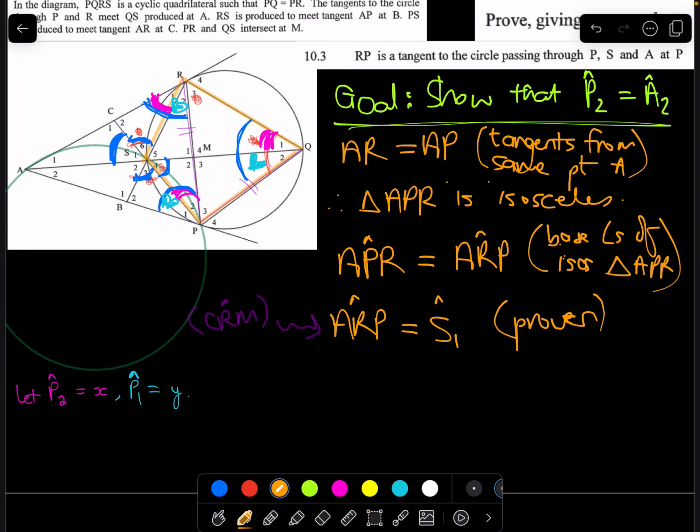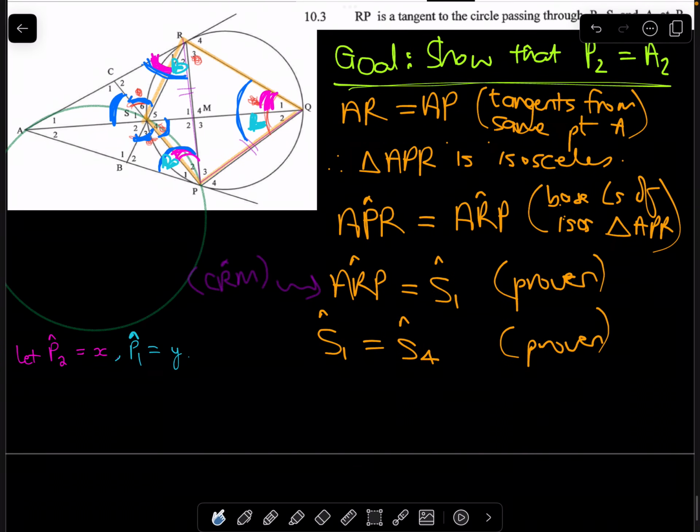Okay, and so we've connected this, which we can connect with S4. All right, and we've already shown that they're equal. S1 is equal to S4. It has also been proven, but it's easy enough to also say vertically opposite angles.